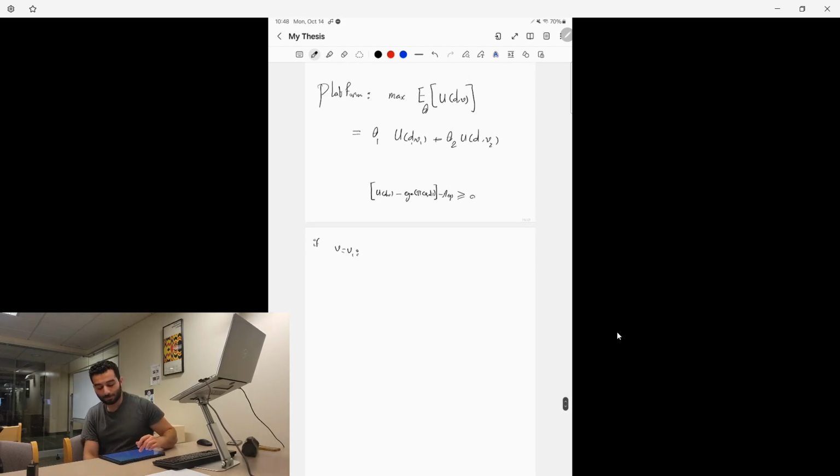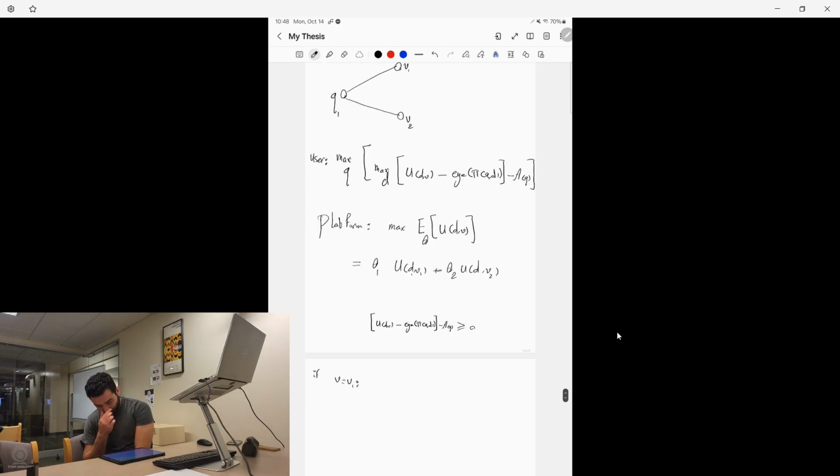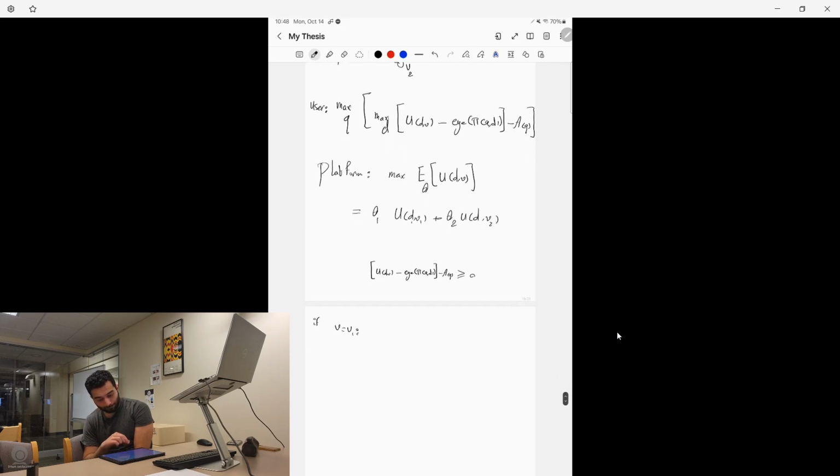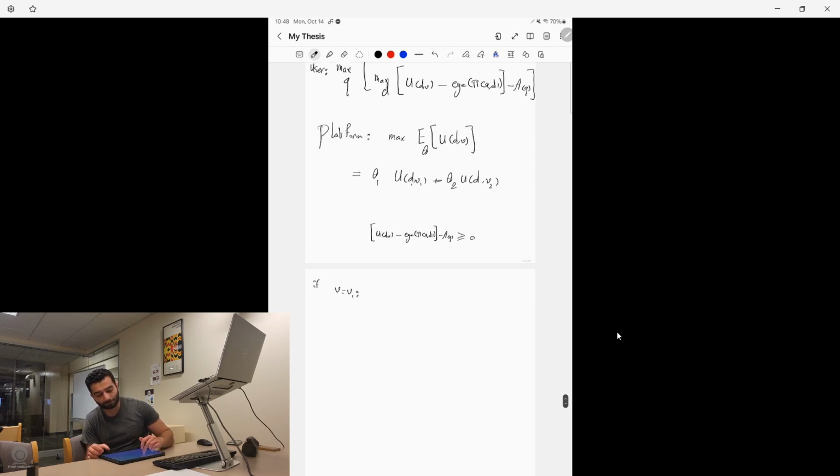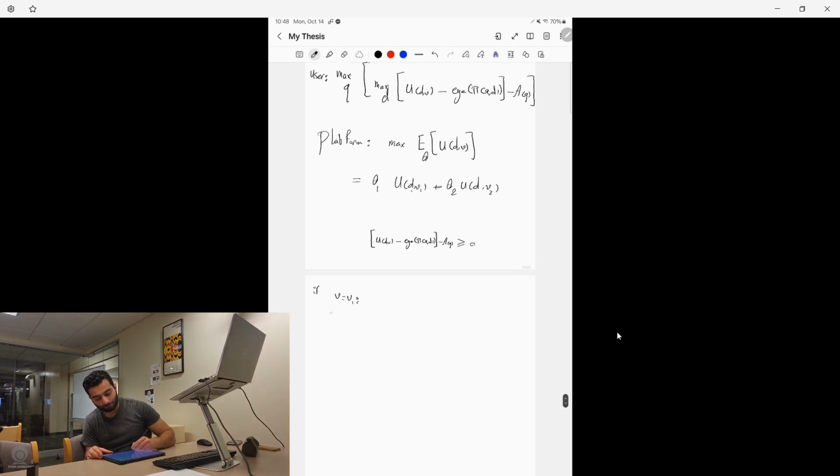If the consumer is of type 1 and Q, he chooses Q as V1.